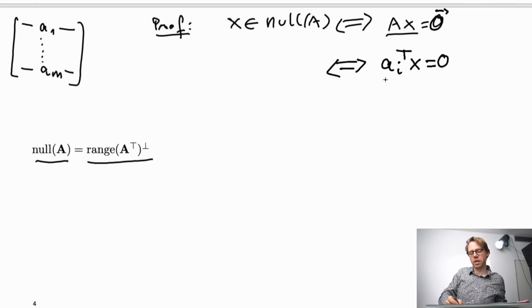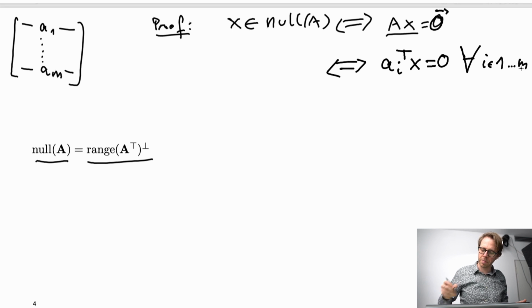So the inner product between this row and x needs to be 0 for all i in 1 through m.